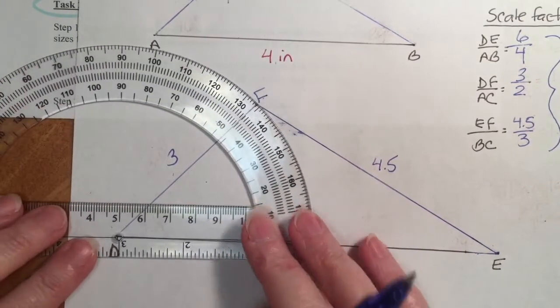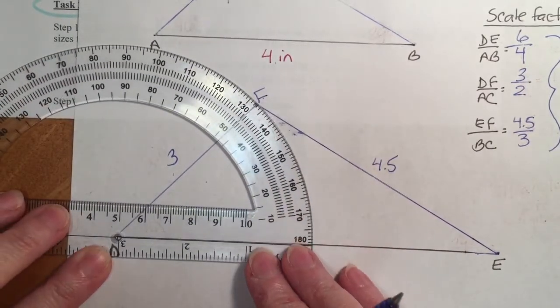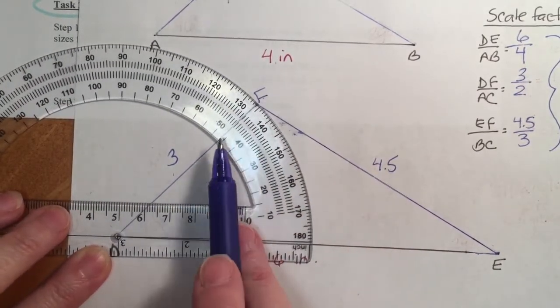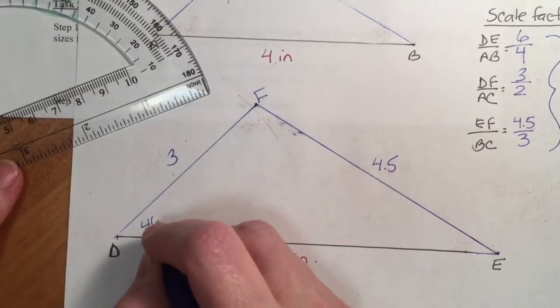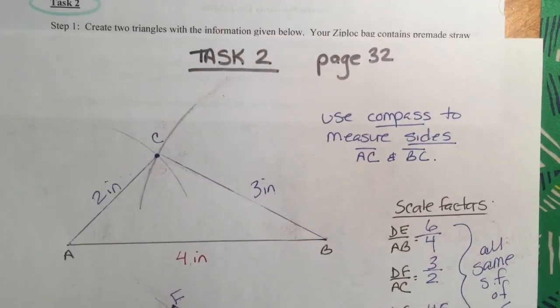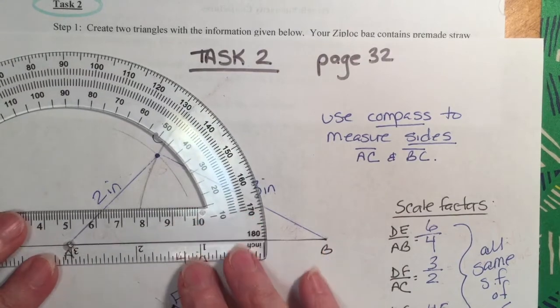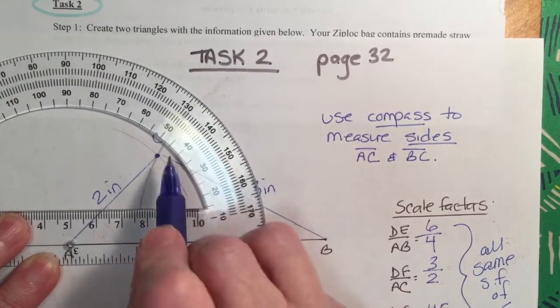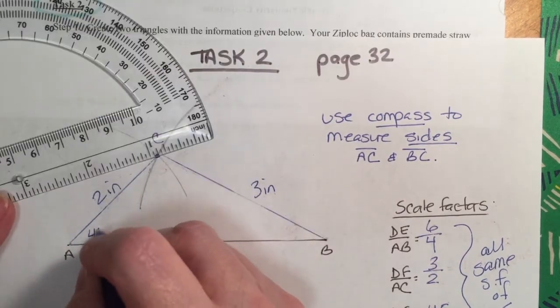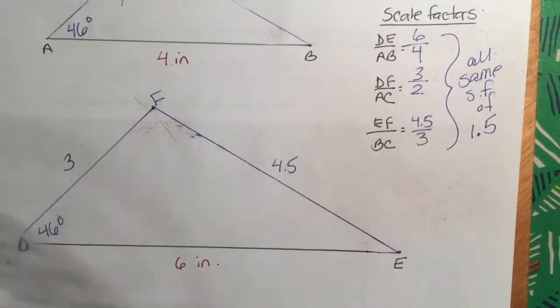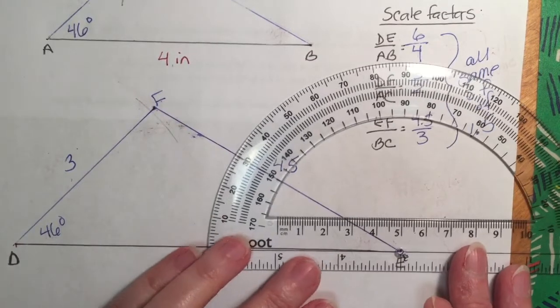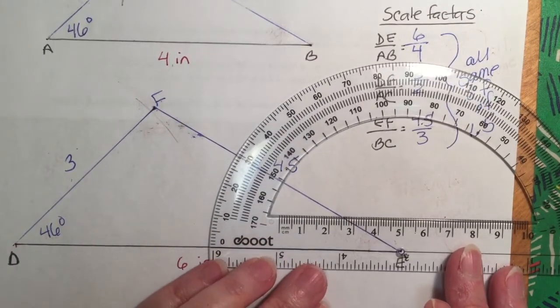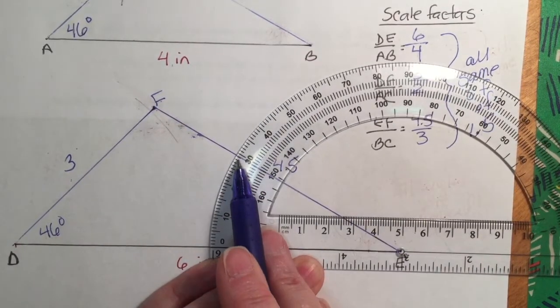Okay, let's check the angles. If I measure this angle, it is 46 degrees. If I measure the angle on the little triangle, it is 46 degrees. If I measure the angle here, it is just shy of 30.